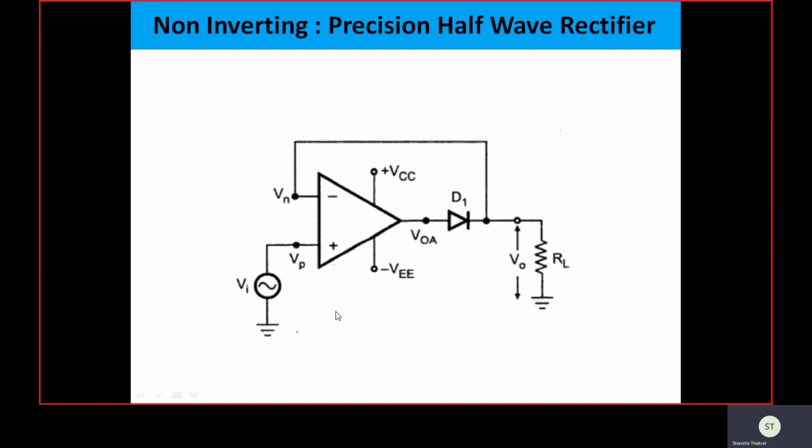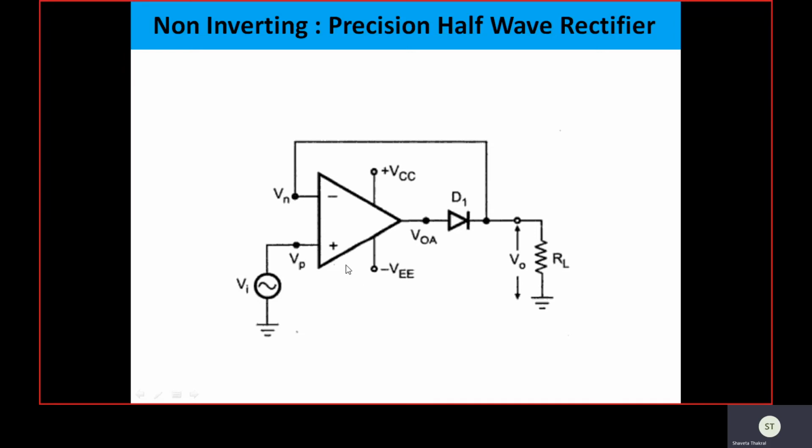A circuit which can act as an ideal diode, the precision signal processing rectifier circuit, is used for rectification of voltages which are well below the cut-in voltage of the diode. They can be designed by placing the diode in the feedback loop of the operational amplifier.